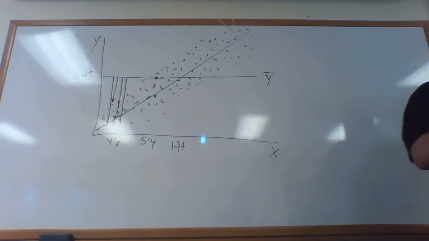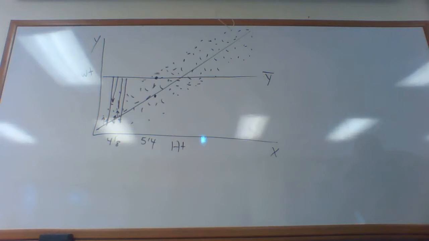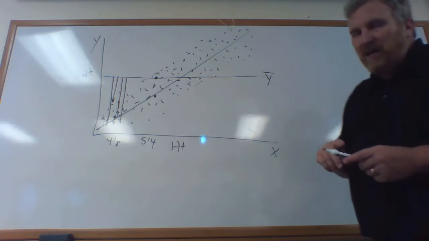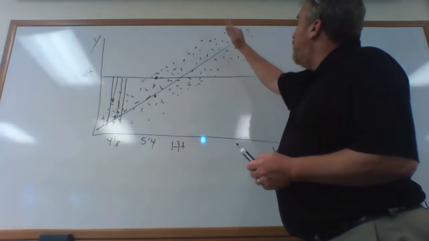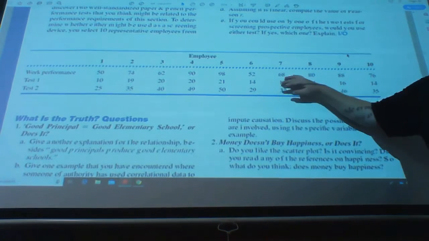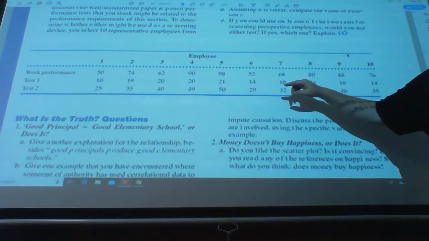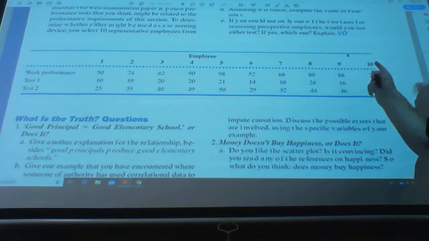So let's say we're going to explain this again using z-scores. We might say, well, what we could do is, if I have, let's say I have a whole series of scores on 10 different employees.